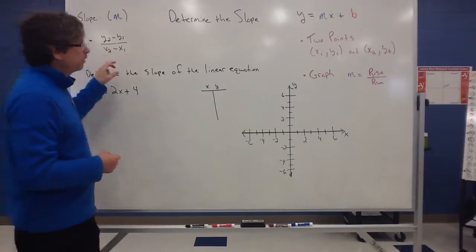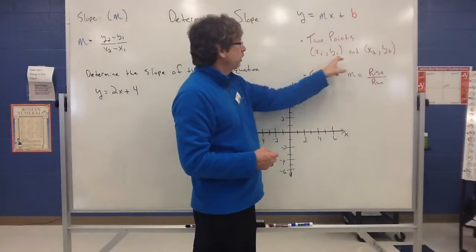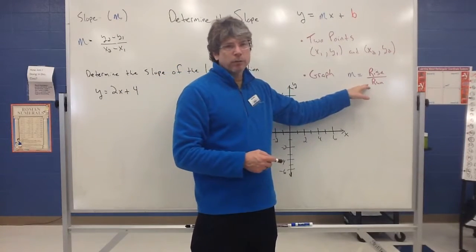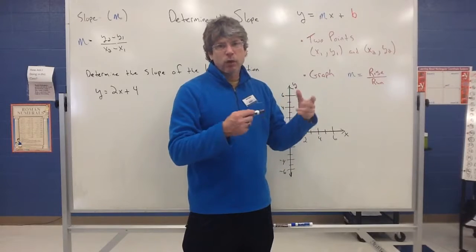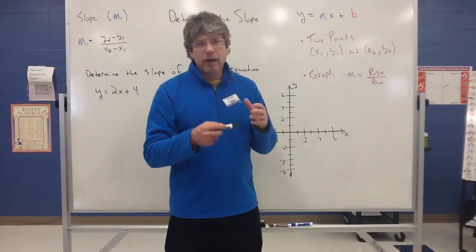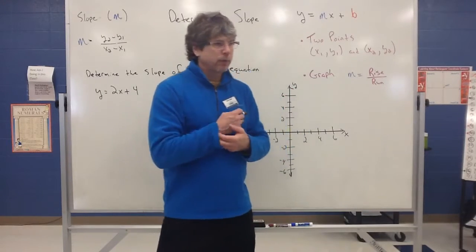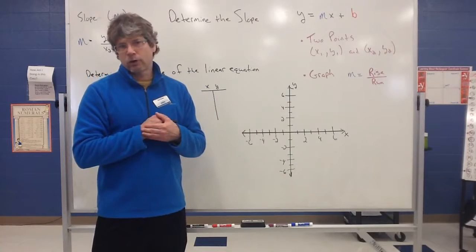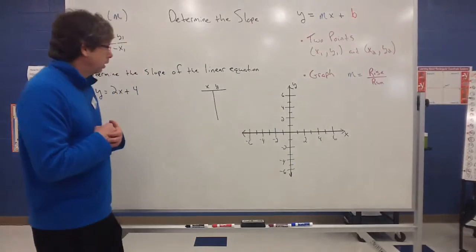I can use this formula if I have been given 2 points. Don't forget also, we have this concept of rise over run, that change in y over the change in x. So it kind of describes the steepness of a line. And we've talked about positive and negative slopes. We've talked about zero slopes and no slopes.